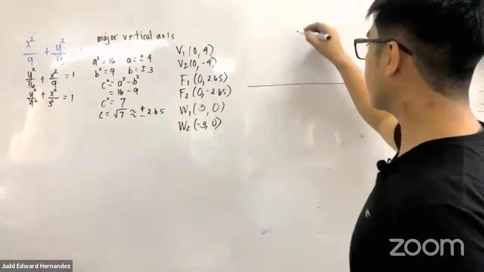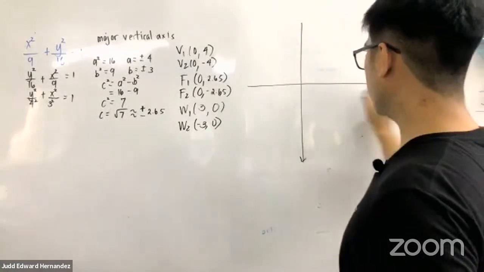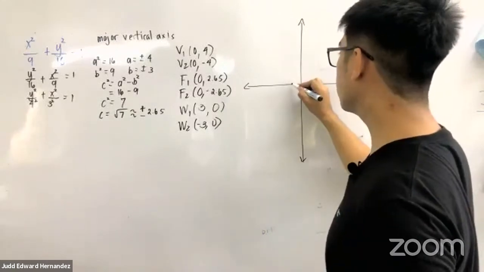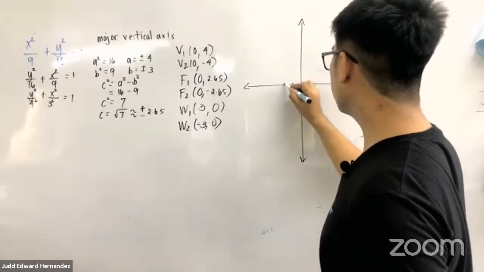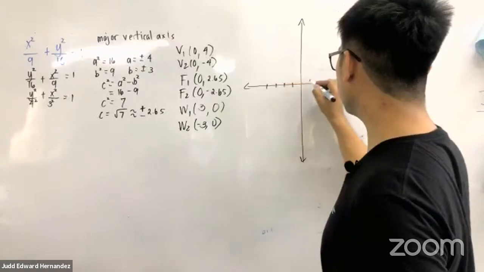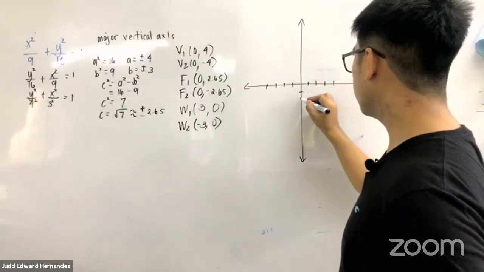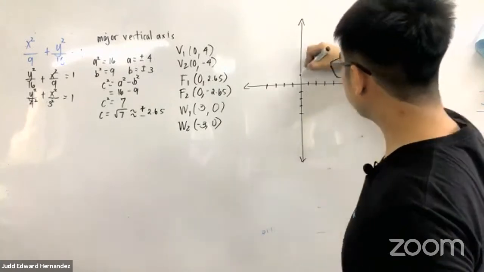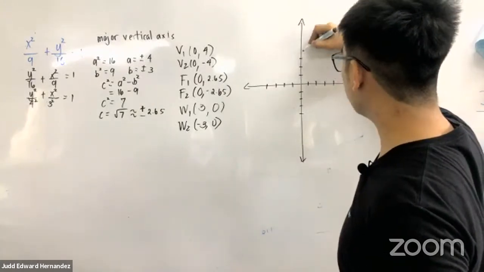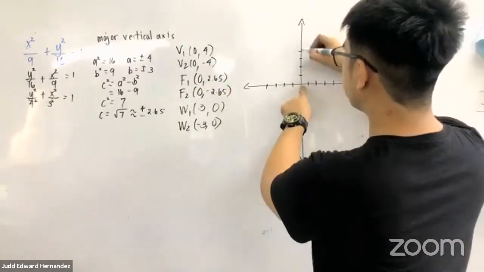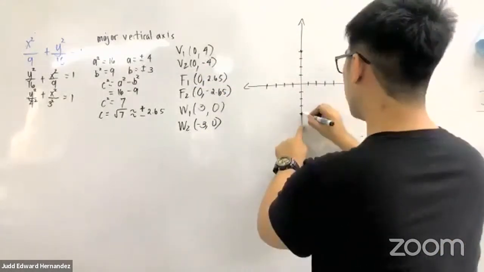So we're now ready to graph. Okay, graph na natin. 1, 2, 3, 4. Okay, V1 and V2. 0, tataas ng 4. 0, bababa ng 4.